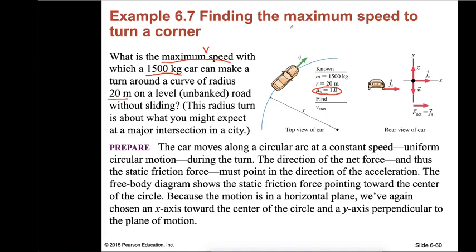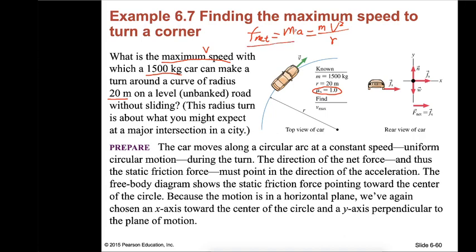the v, and we know a equals v squared over r. So ma, m times a, equals F, which is net force. This is Newton's second law.